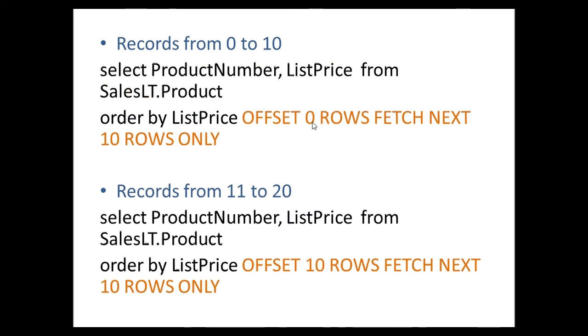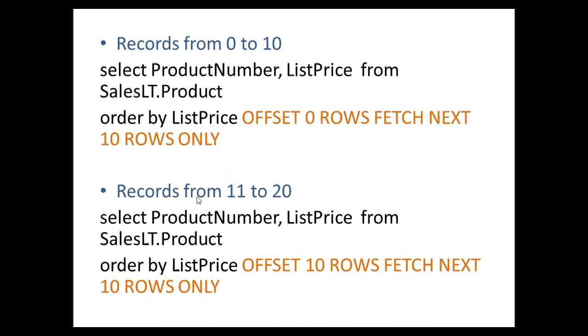That means it will start from the beginning, from row 1, and fetch next 10 rows only. What does that mean? It will start from the beginning and fetch the next 10 rows. This is a very simple format. So let's check the next example.